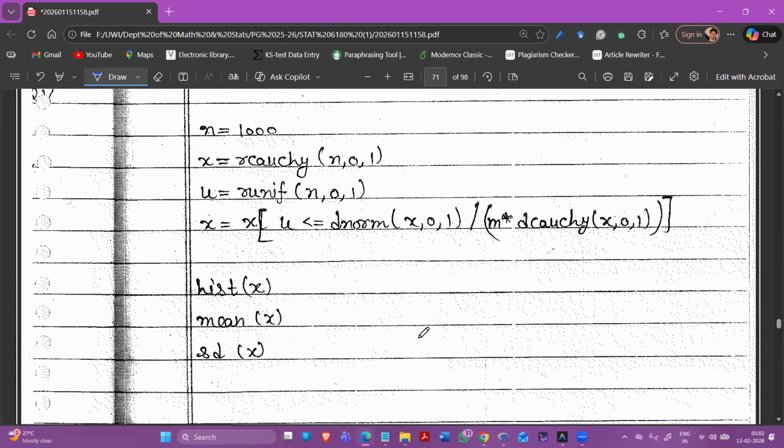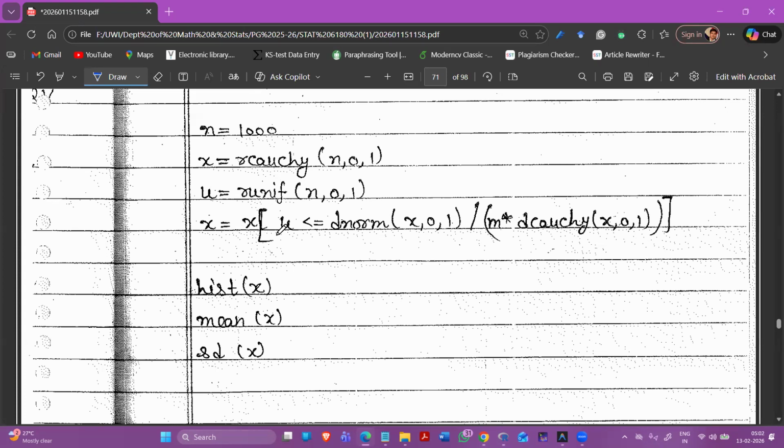So here you have another simple code for the accept reject method, where you generate the x number from rcauchy, the standard Cauchy distribution with 0 comma 1. U is equal to runif, uniform distribution from 0 to 1.